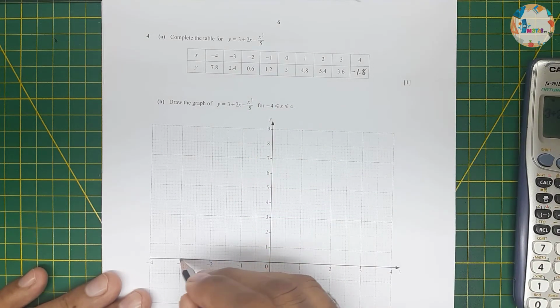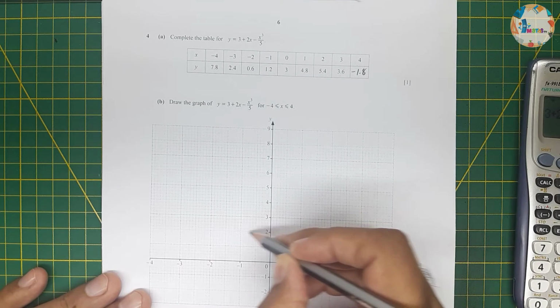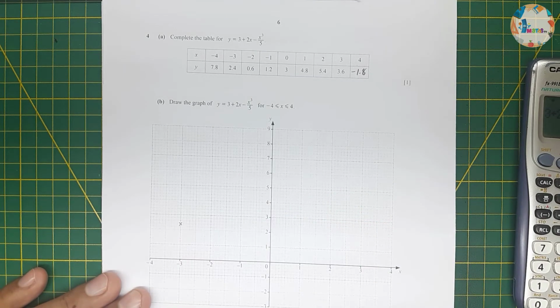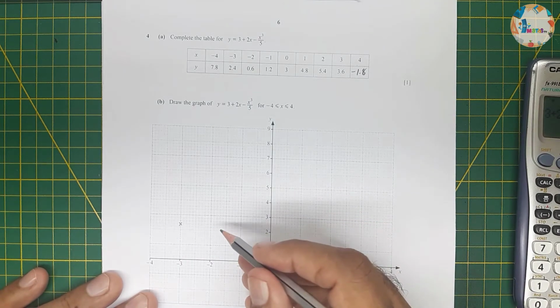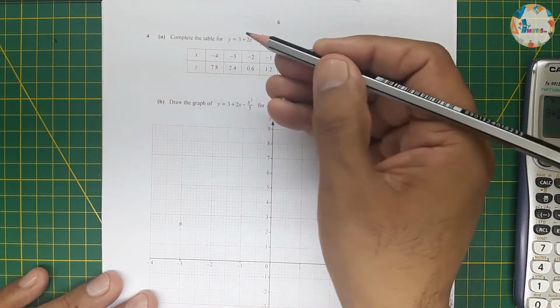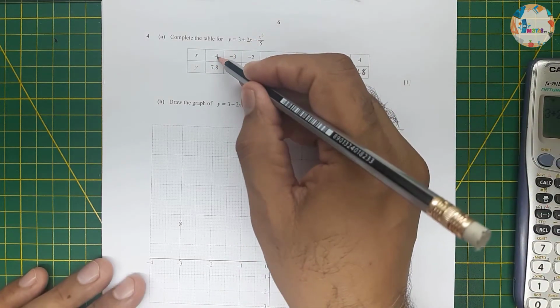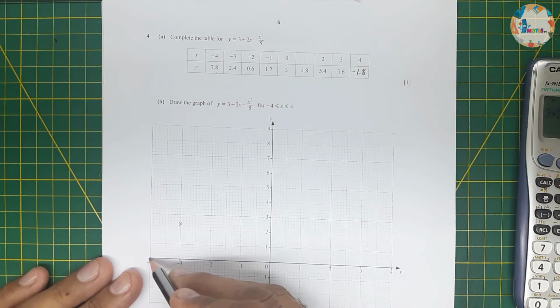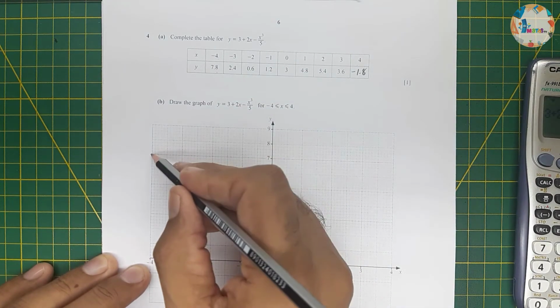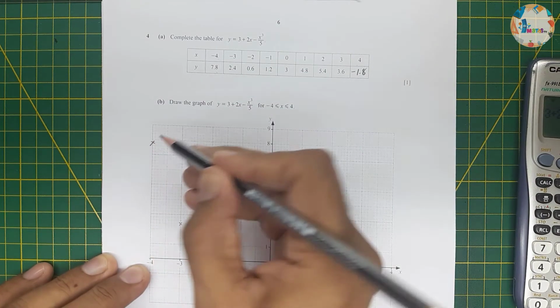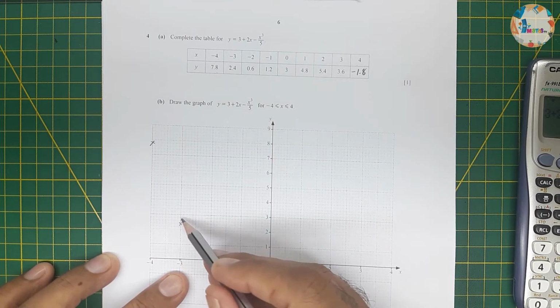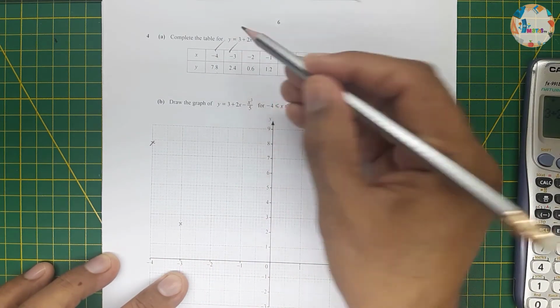First point is minus 4 and 7.8. Minus 4 and 7.8 will be this point, and minus 3 and 2.4, we have drawn these two points.